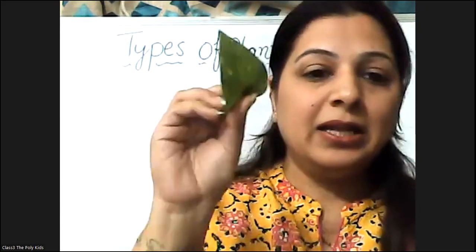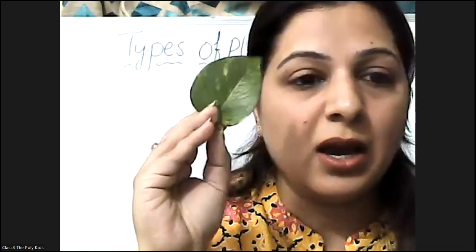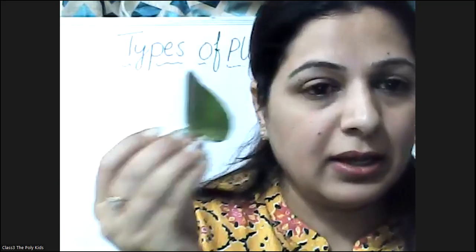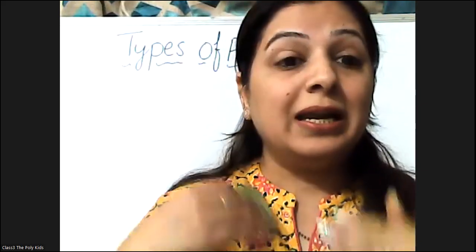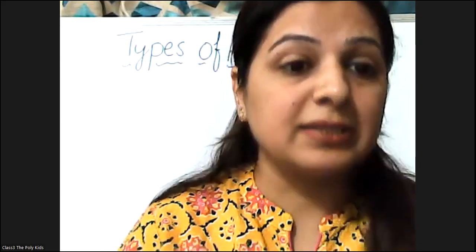And the money plant leaf's shape is like a heart. So we can see these leaves, trees, they are all different. That is why we can identify them because of their different leaves, different flowers, different color.